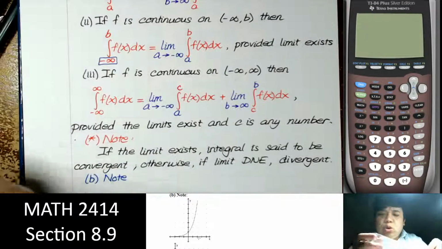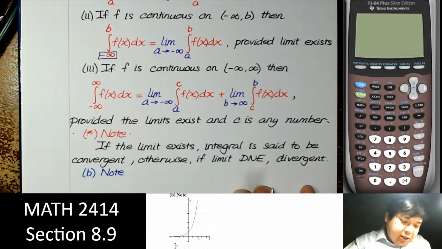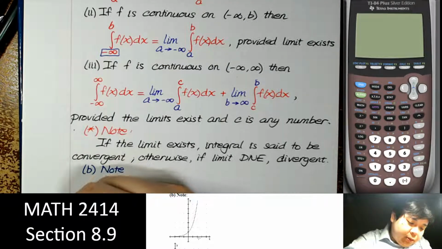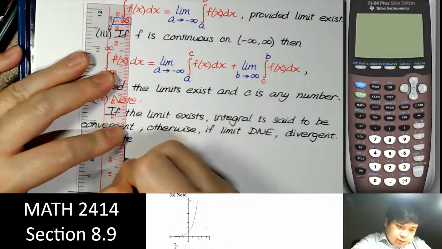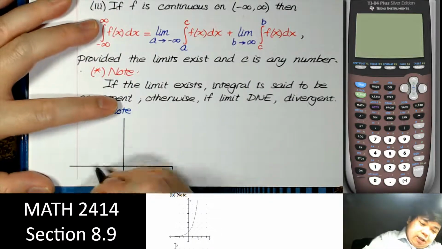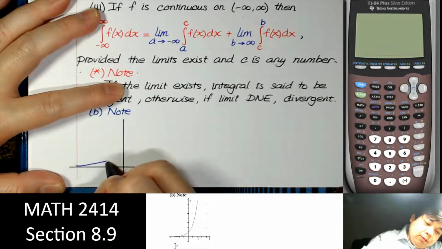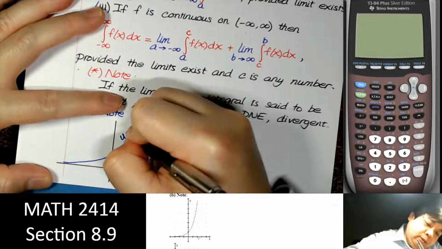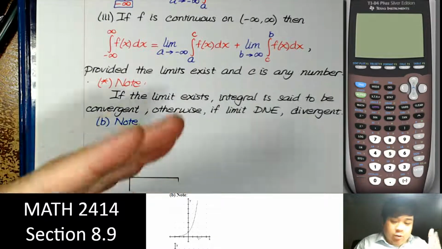Polynomials are usually easier to do, but if we have the exponential function, it is positive, above the x-axis.